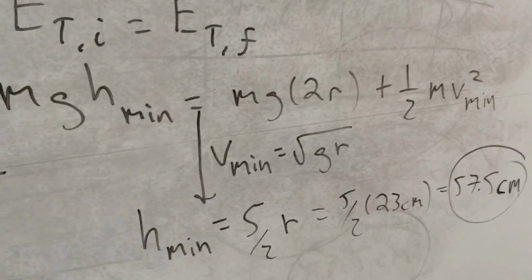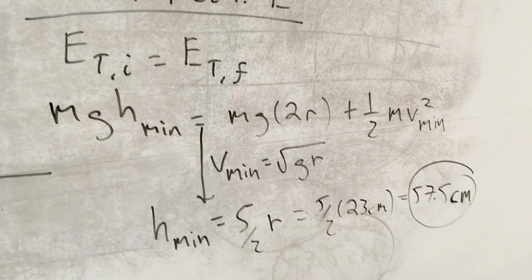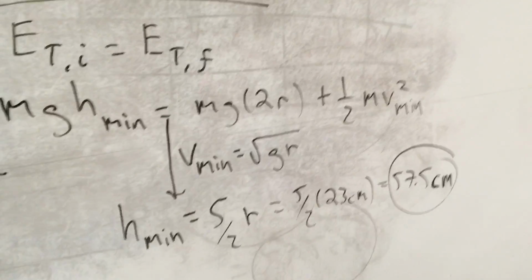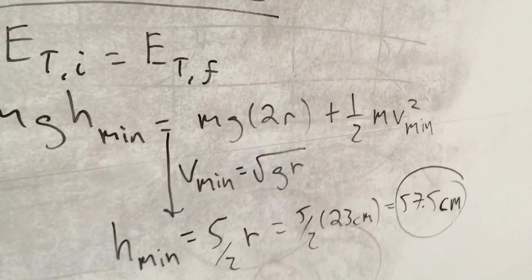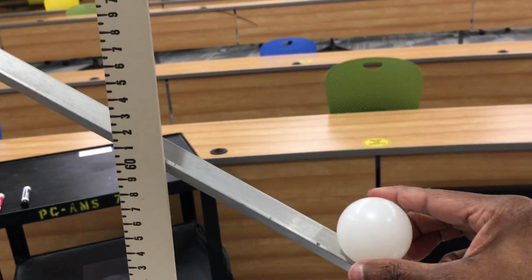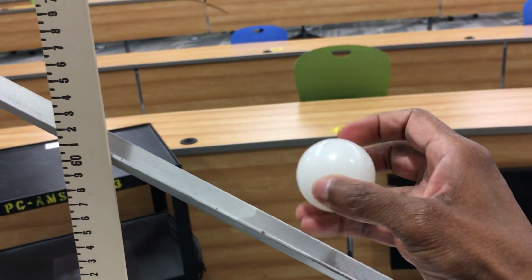So why is that? Well, if we look back at our equation here, conservation of mechanical energy, it appears to not be giving us the correct minimum height. If we consider the fact that the ball, when it moves down, it's not only translating, but it's also rotating.